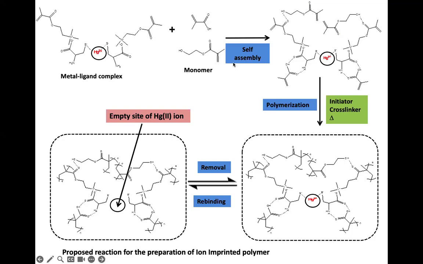Yeah? So in the end, you can see there is a bit of complex structure, and same procedures. We do polymerization and then remove the template. So by right, we should have a specific site for mercury ion.